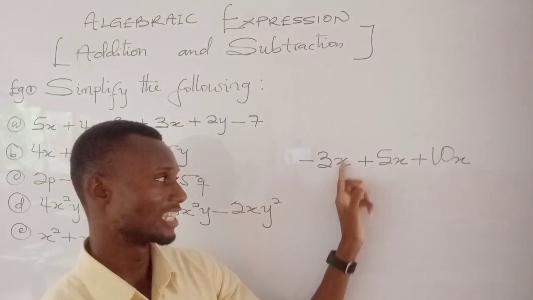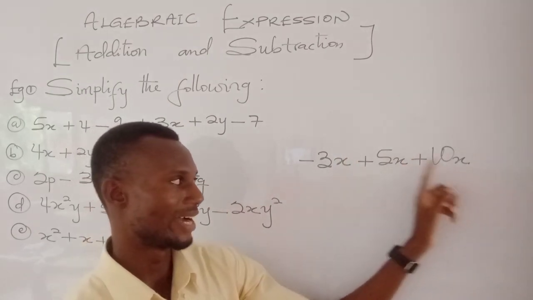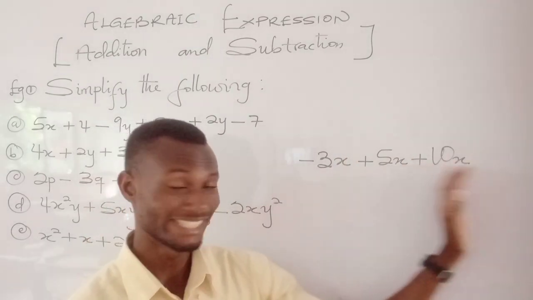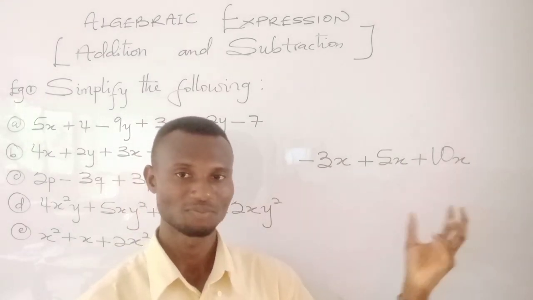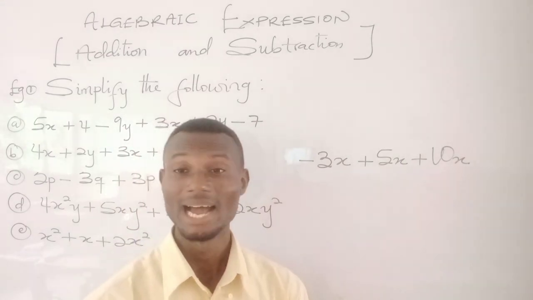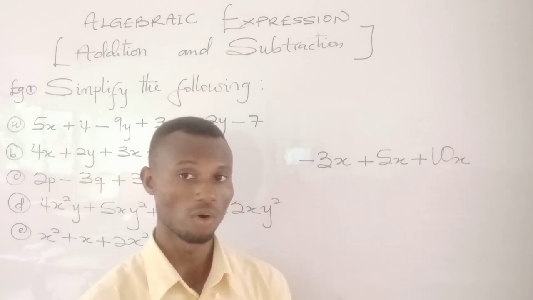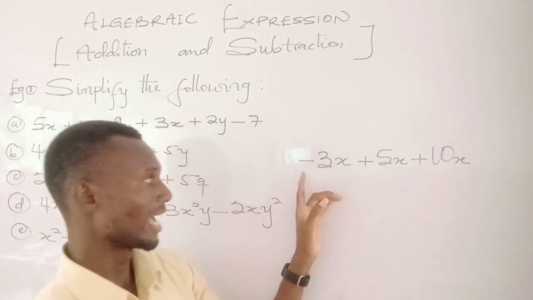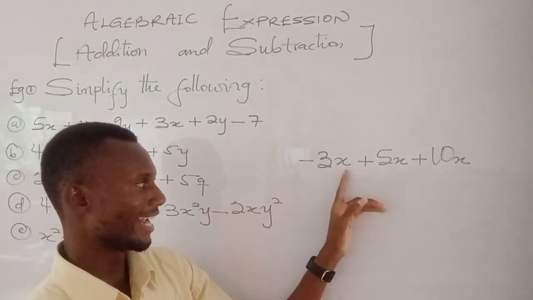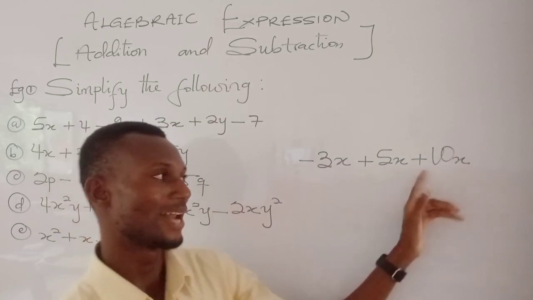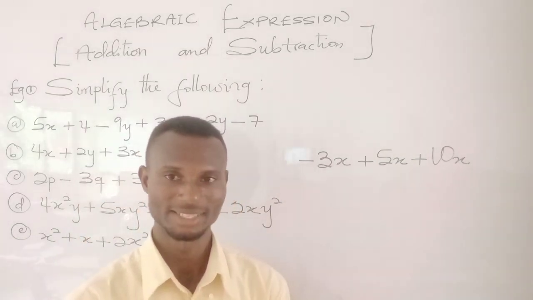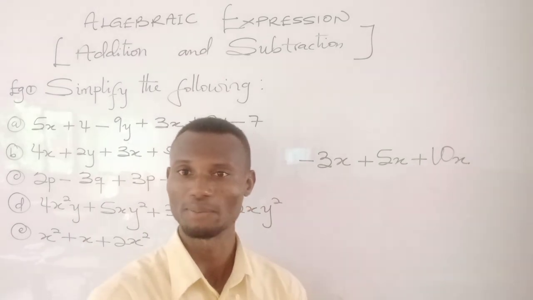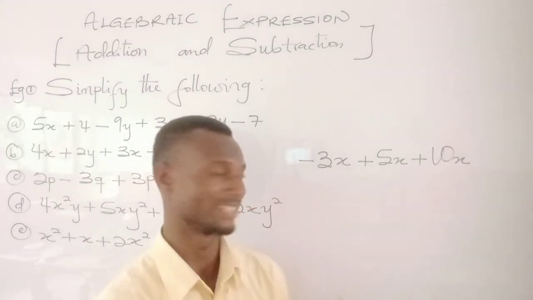This s has power 1, this s has power 1, this s has power 1. The same variables with the same power, so they are like terms. How do we add them or subtract them? We have minus 3s plus 5s plus 10s. We deal with the coefficient. Then we just pick one of the variables and attach to it.